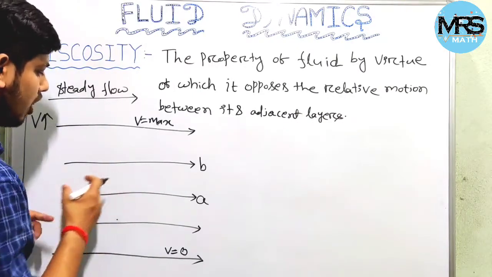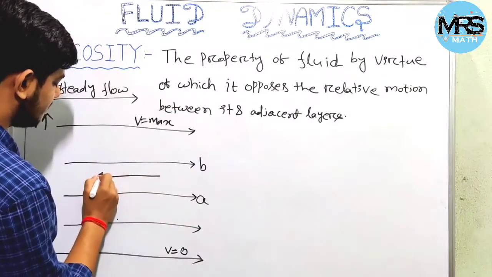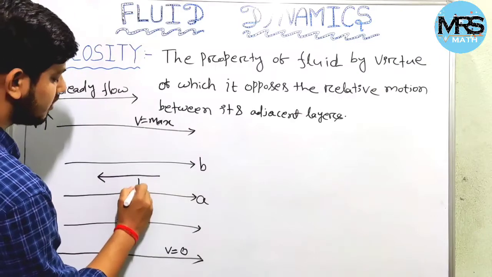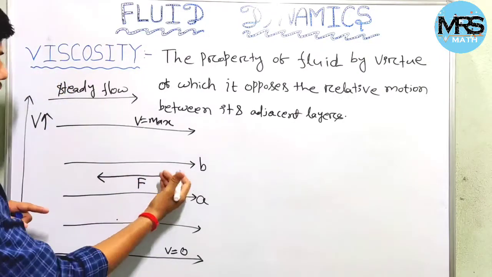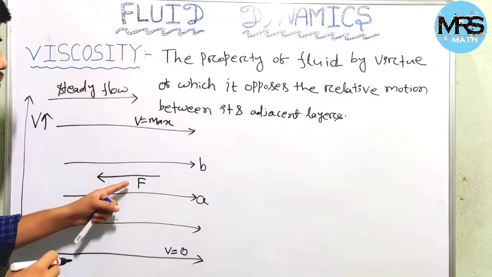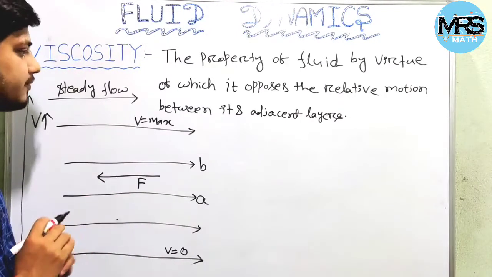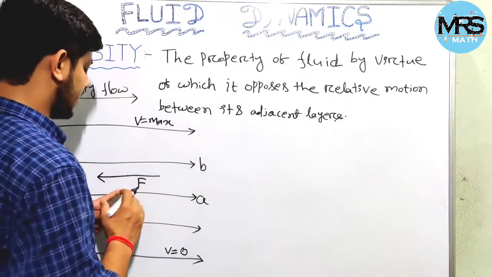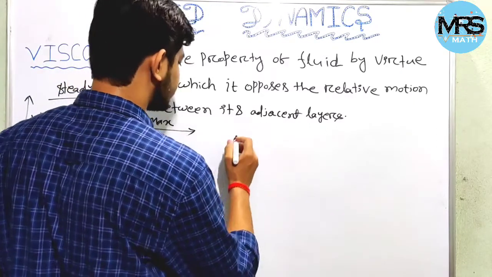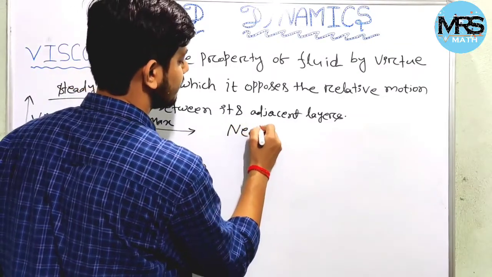To oppose this relative motion, one force will develop, that is a tangential force, which is opposite to the direction of the fluid flow. So how can we calculate this force? By applying Newton's law of viscosity.